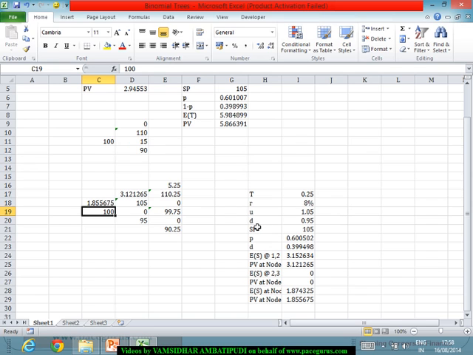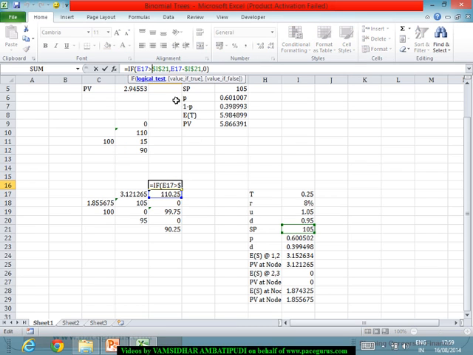Now the same logic, if I am going for a put option, only the payoffs should change. If the stock price is more than the strike price, the payoff should be 0, because the put option would go worthless.